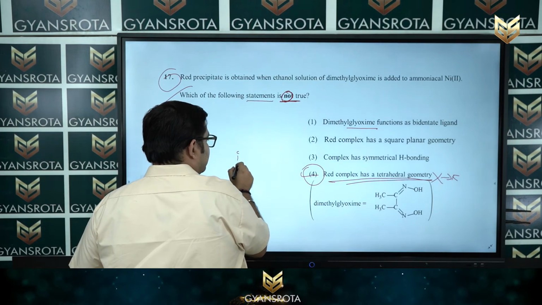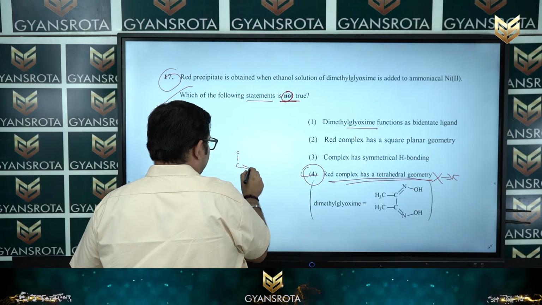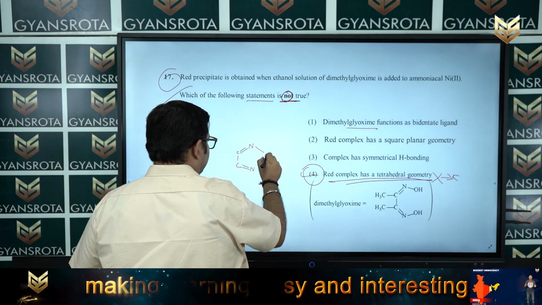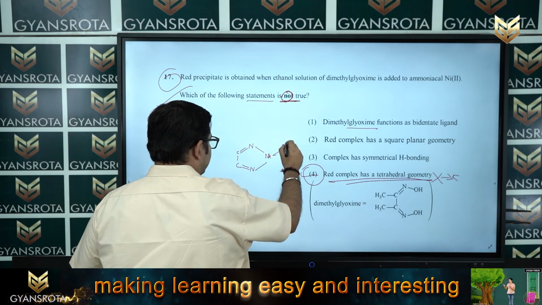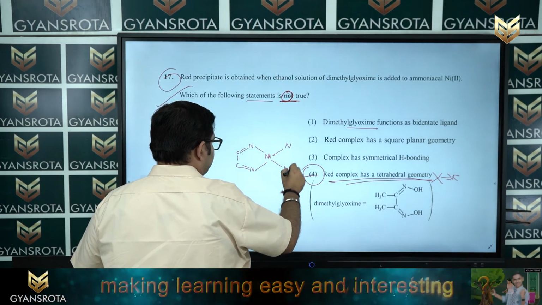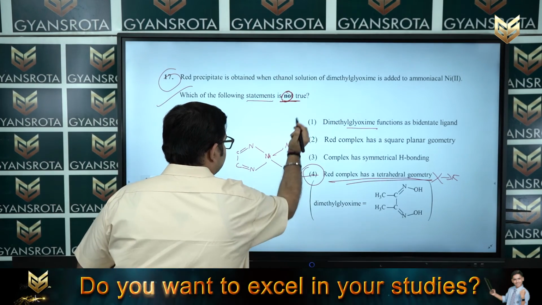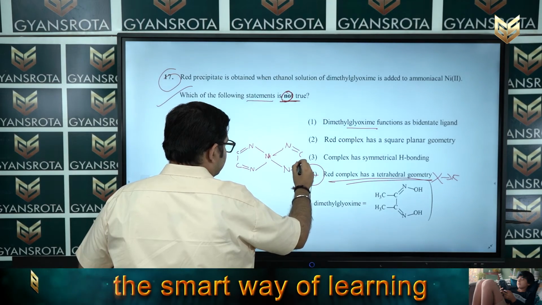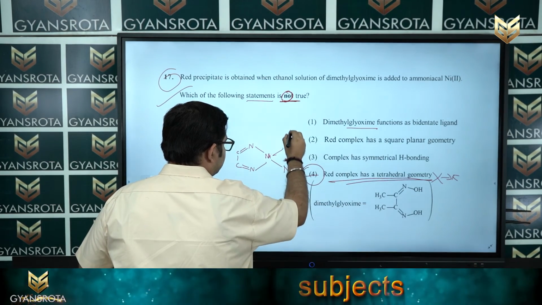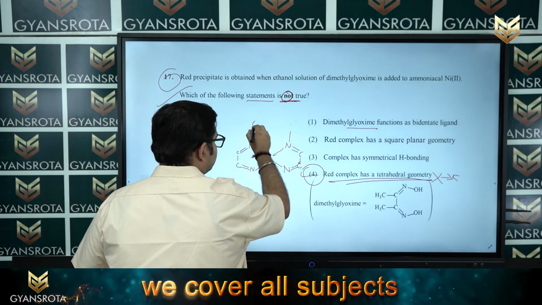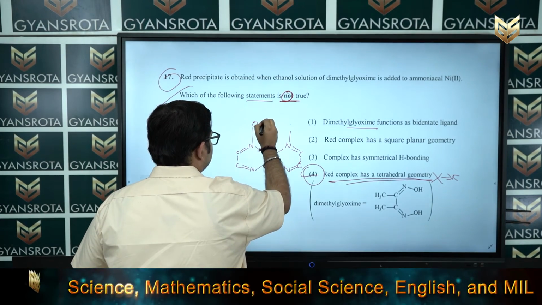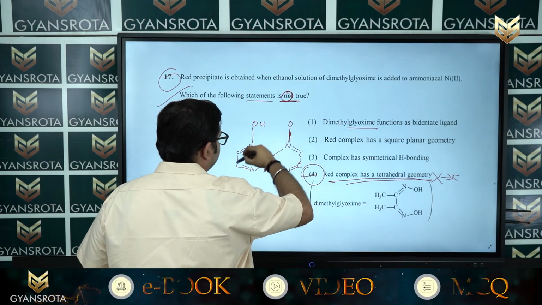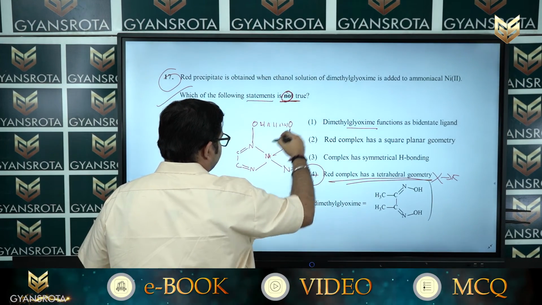Like C double bond N, double bond N, it will be attached to nickel, again N here, and it will end up forming a bond like this.